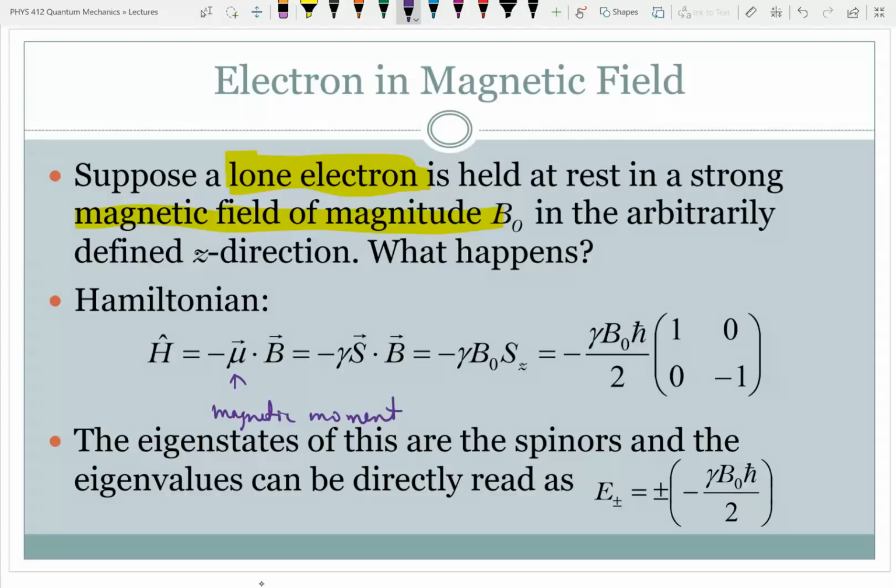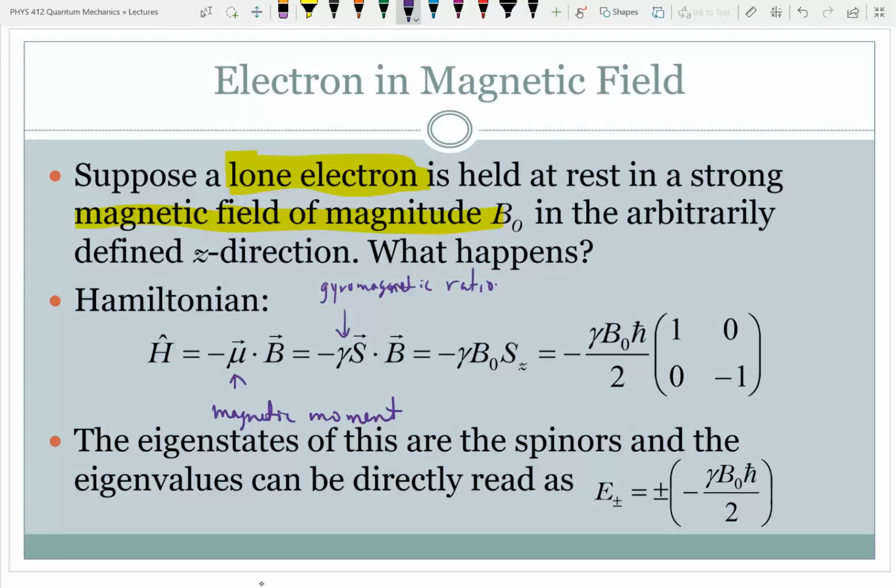As we saw from last class period, we used gamma to be the gyromagnetic ratio, which tells you the relationship between the angular momentum and the magnetic moment. And so the magnetic moment is the gyromagnetic ratio times the angular momentum by definition, dotted with B.